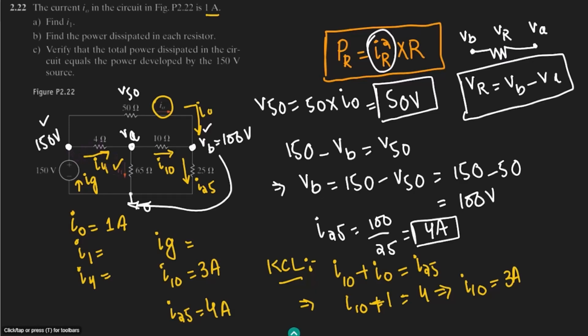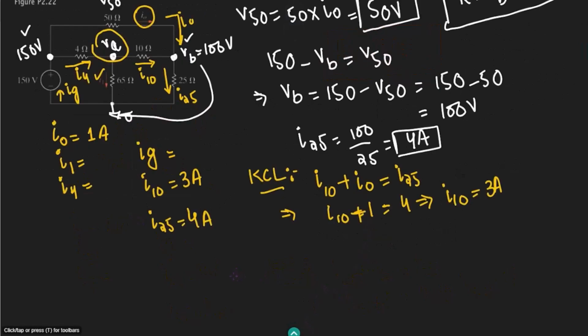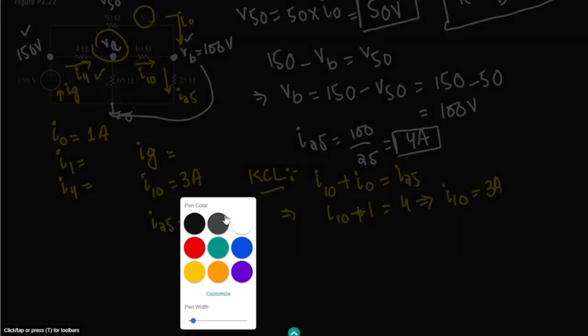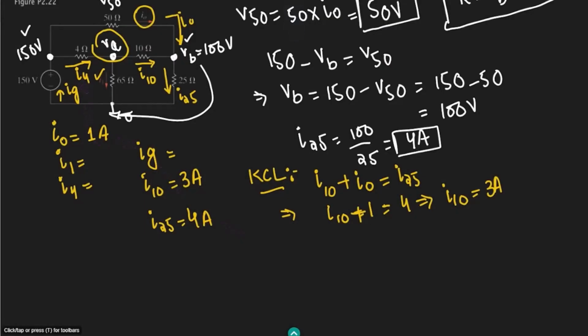Now in order to find I4, IG and I1, I must have this VA. In order to find the value of VA, applying KCL at VA, we can see that I4 is equal to I1 plus I10.